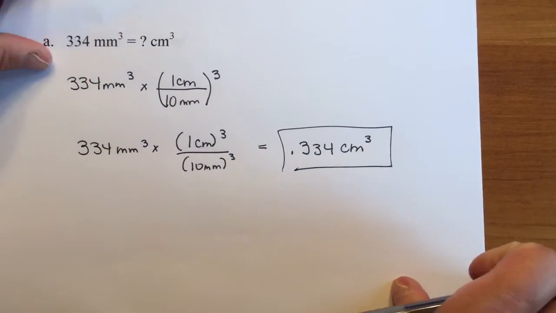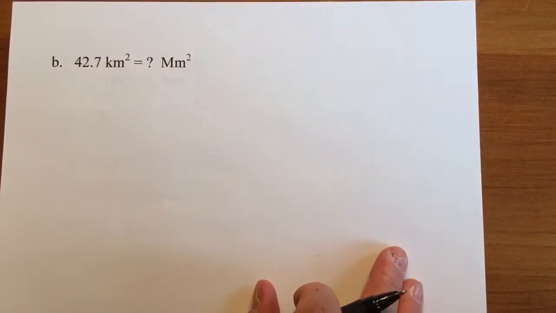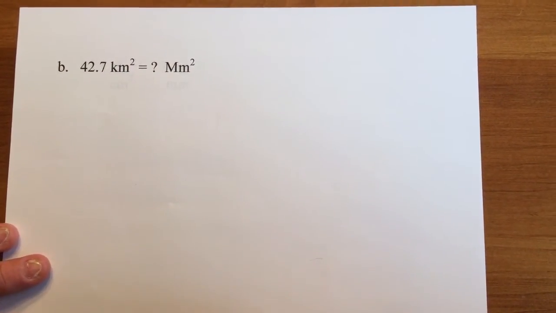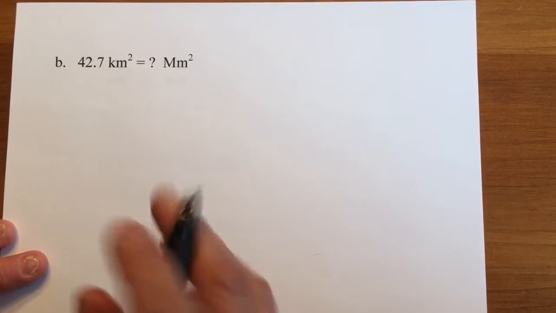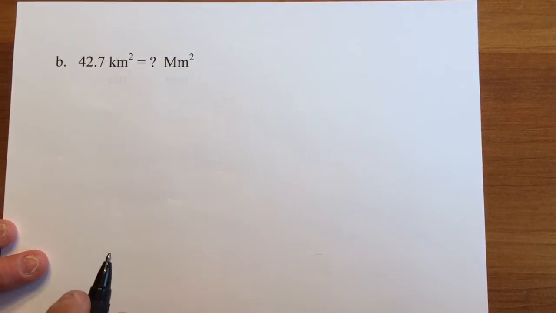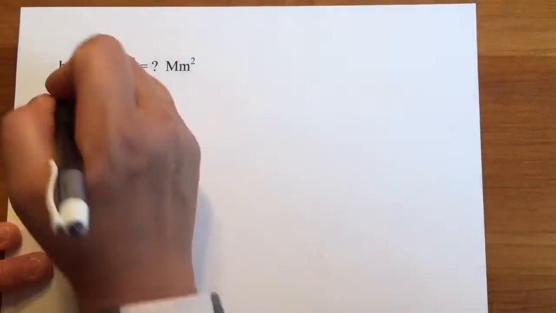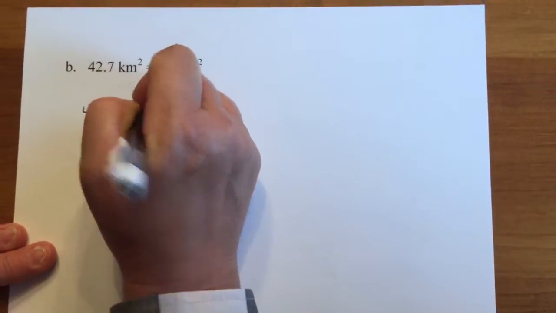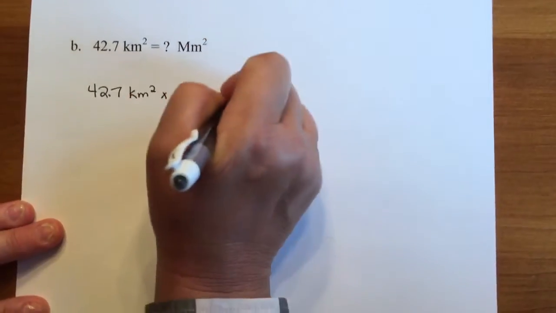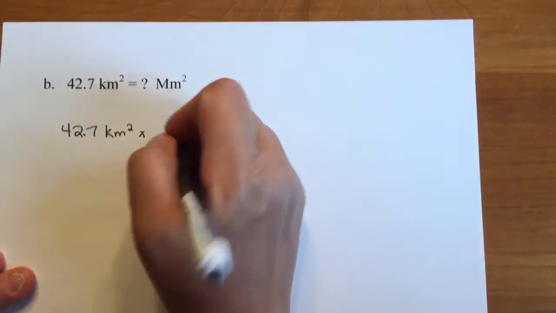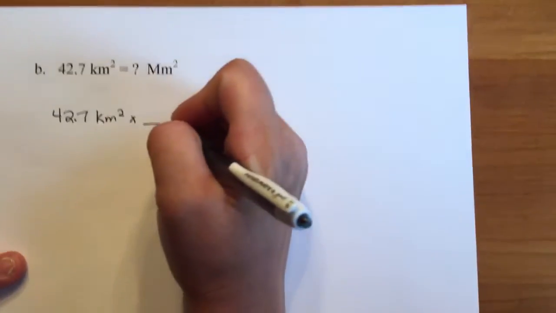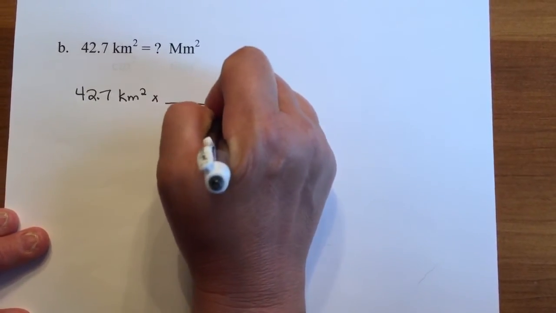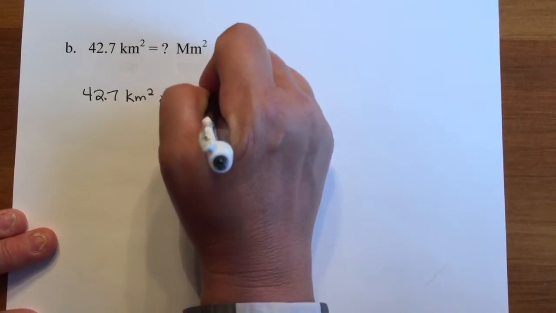Let's look at another example. In this case, we have 42.7 kilometers squared, or squared kilometers, and we want to convert to megameters squared. So we start with 42.7 kilometers squared. We know that there are 1,000, or 10 to the 3, kilometers in 1 megameter.